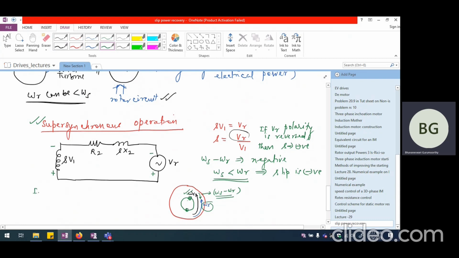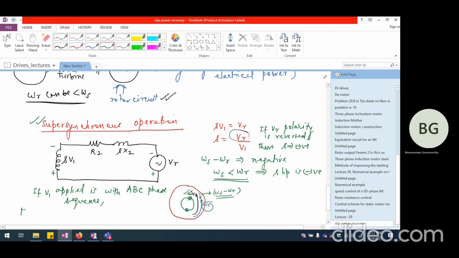So if V1 applied is with ABC phase sequence for the three-phase circuit, then SV1 induced in the rotor will be with ACB phase sequence.